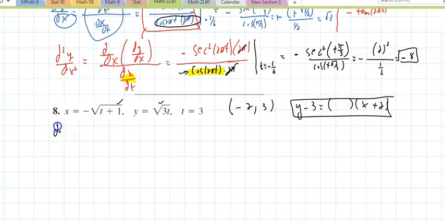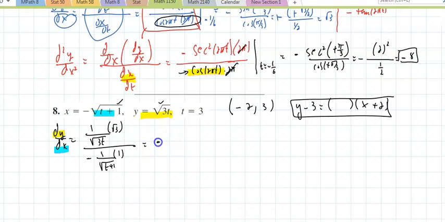I would take dy dx, and I would say, well, that's going to be the derivative of y. That's 1 over the square root of 3t times radical 3 over dx dt, and that would be negative 1 over the square root of t plus 1 times 1, really?